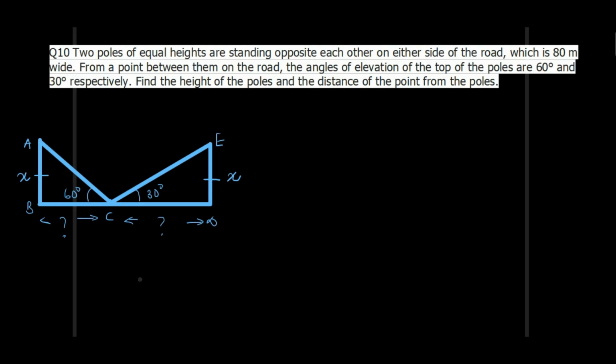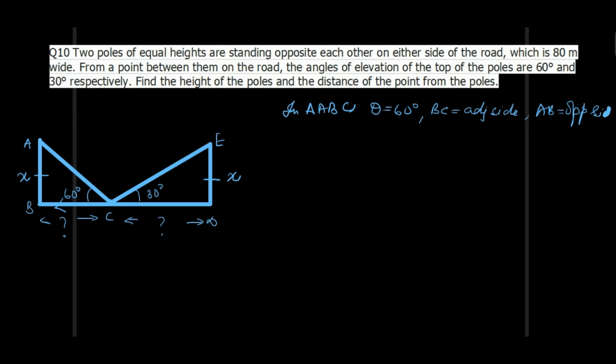Now let's try to find BC from triangle ABC. So let us first consider triangle ABC. In triangle ABC, theta is given to be 60 degree. So BC will be the side adjacent, BC is adjacent side and AB is the opposite side.